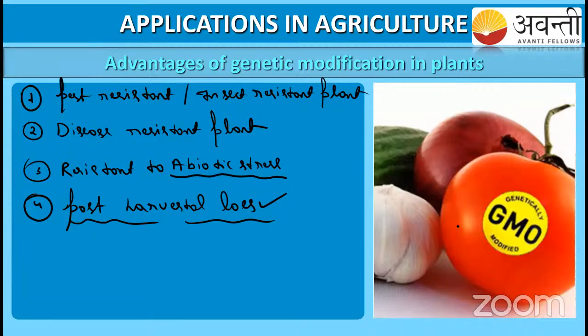For example, take the tomato. You can ask your fathers or mothers: before GMO crops came, if you bought a tomato from the market, it would be spoiled within 3 to 4 days.